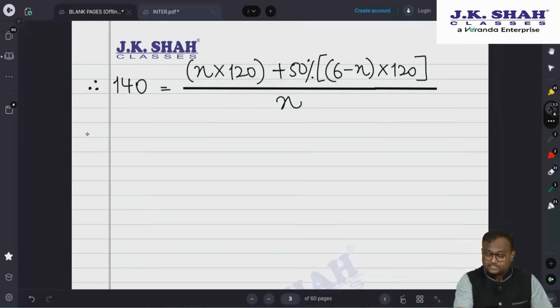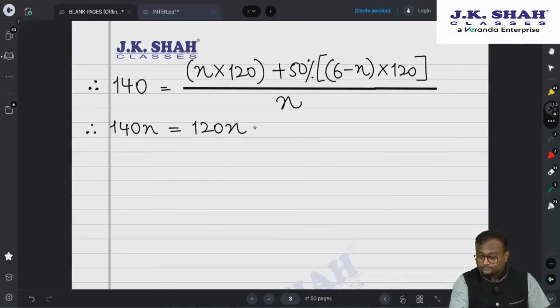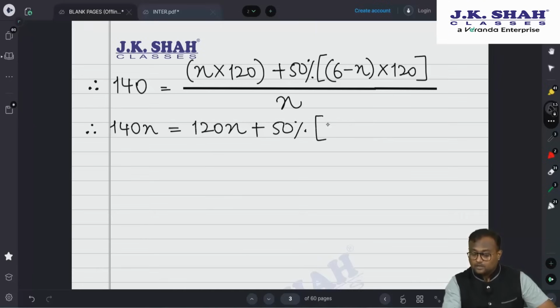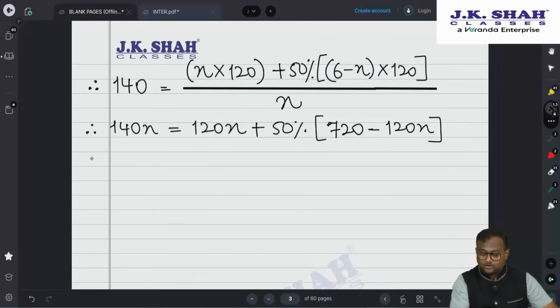And since it is Halsey's system, we have to go by 50%. So 140x is equal to 120x plus 50% of 720 minus 120x.